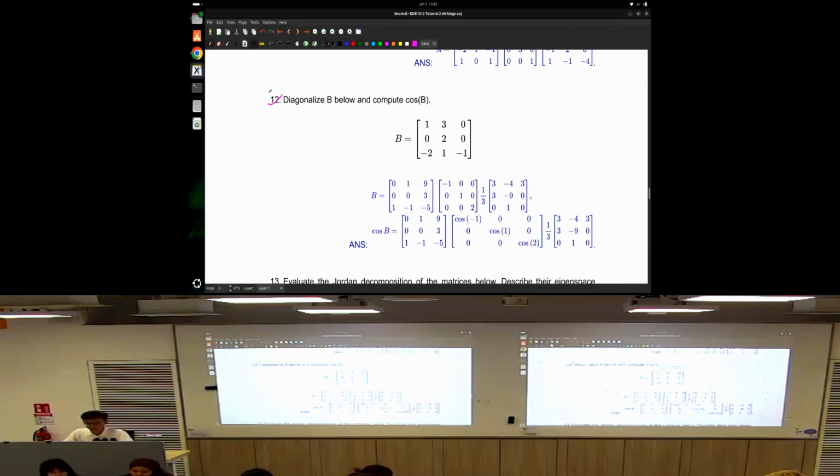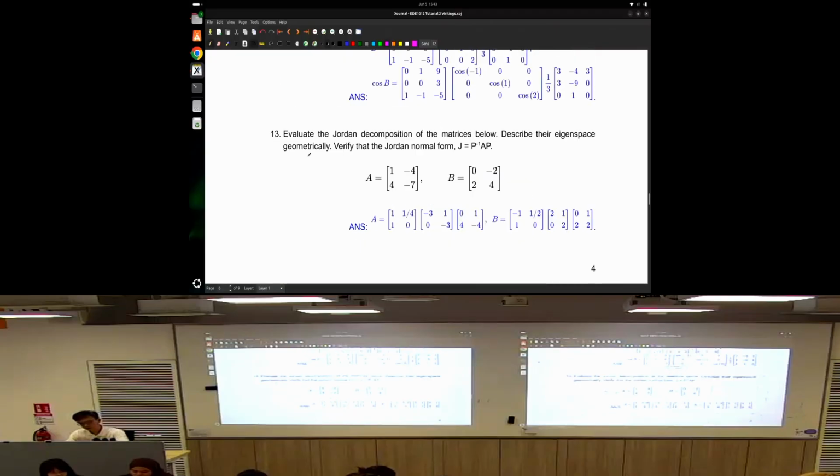This one you do yourself, quite straightforward. Then Jordan decomposition: I leave this one for you to do yourself because I've gone through 2 examples in the lecture already. Jordan decomposition is only for 2 by 2 matrices.